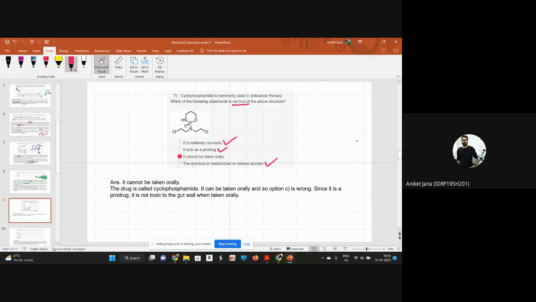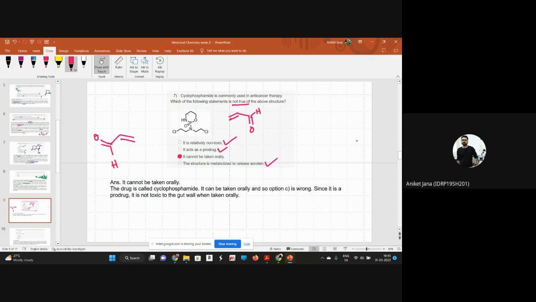So it says that the structure is metabolized to release acrolein. What is the structure of acrolein? This is the structure of acrolein. From here, by elimination of this part, this structure can form in this way, right?